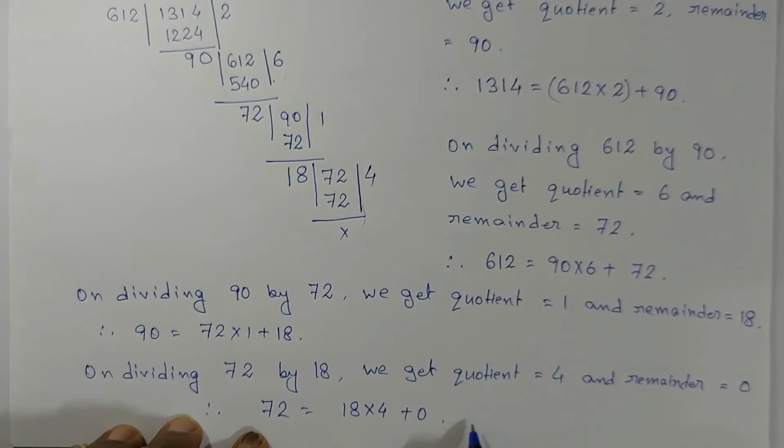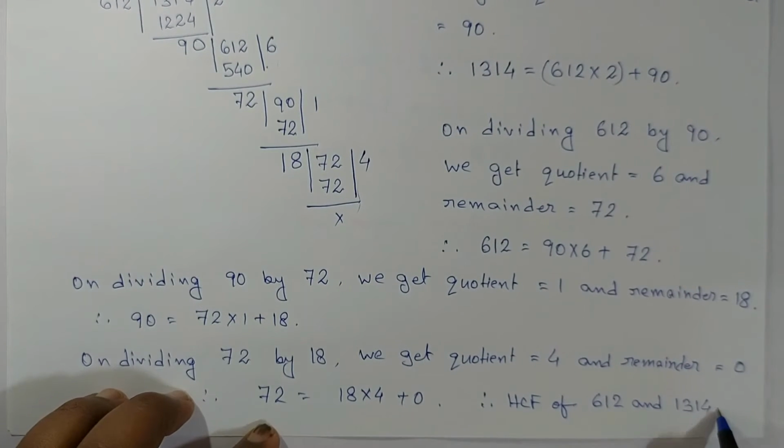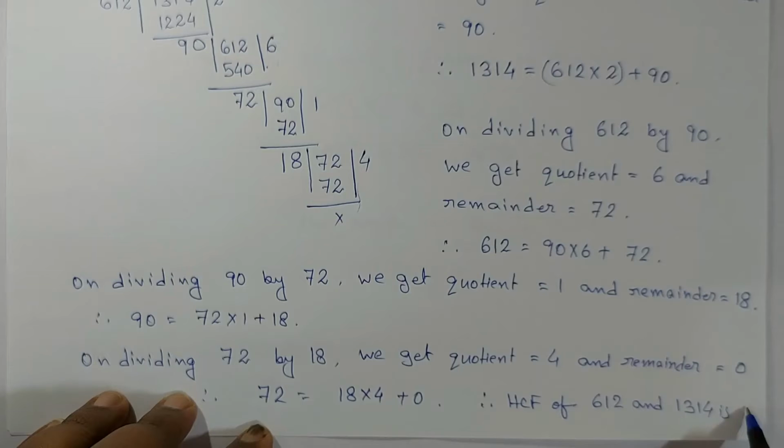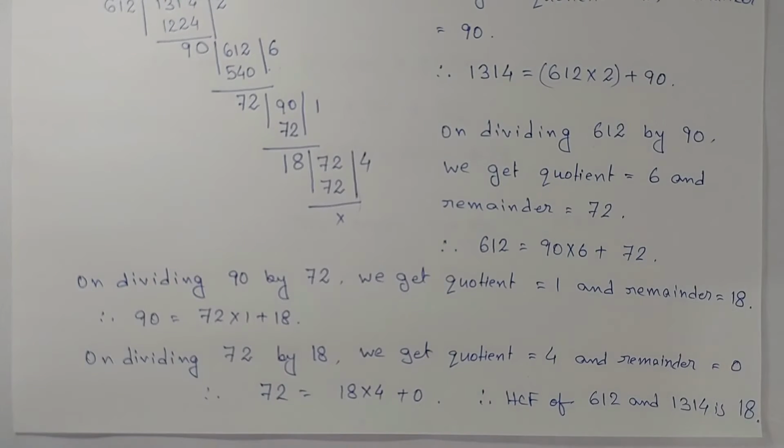So here we will write, therefore HCF of 612 and 1314 is 18. Okay, so this is done.